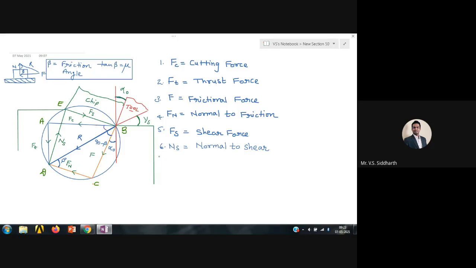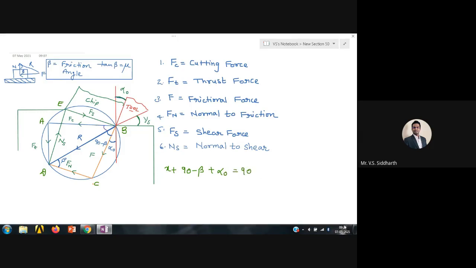Beta minus alpha naught. Correct. How did it come as beta minus alpha naught? Let us see. This whole angle is 90 degrees. This whole angle is 90 degrees. Let us consider this as angle X. So angle X plus 90 minus beta plus alpha naught equals 90.